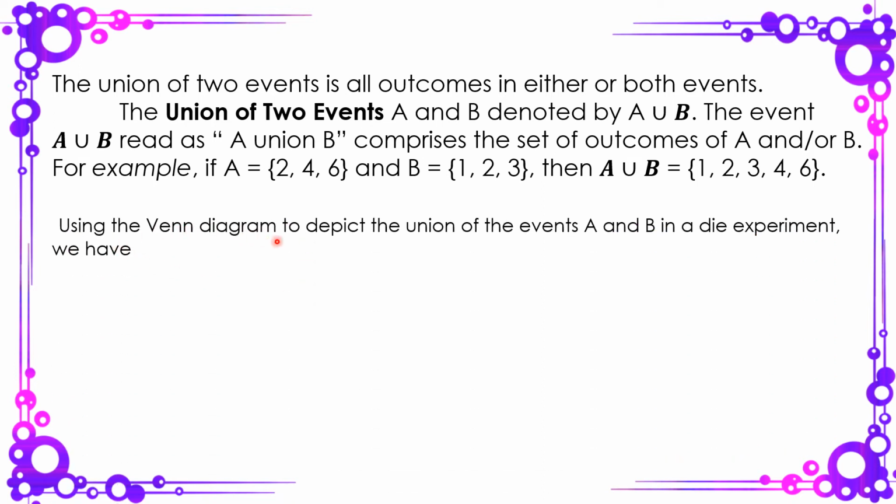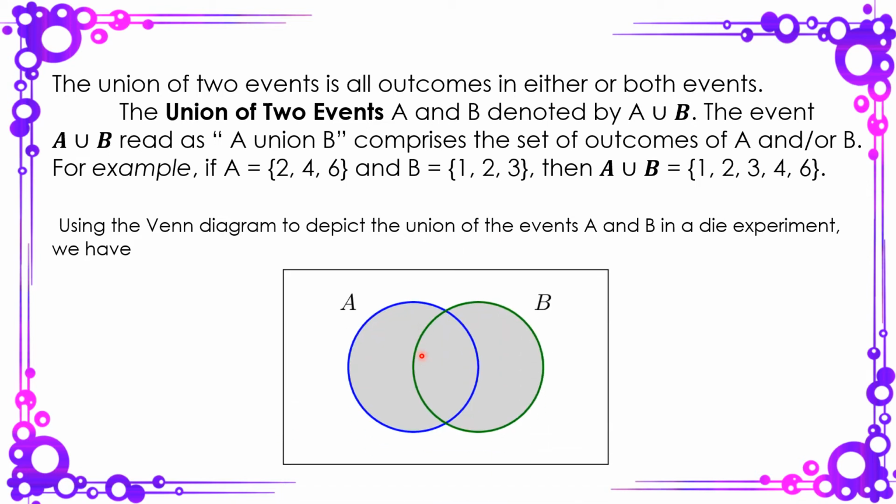Using the Venn diagram to depict the union of the events A and B in a die experiment, if you see this figure, you can see two circles overlapping. This is for experiment A, and this is for experiment B. And then right here, U for universal.